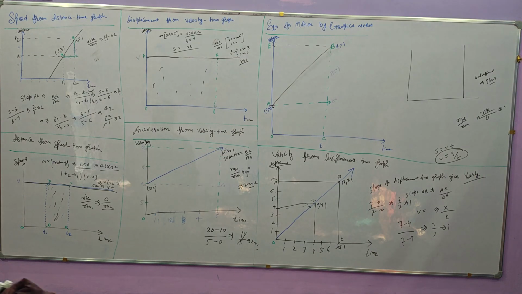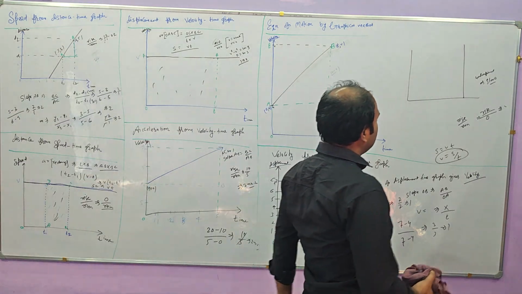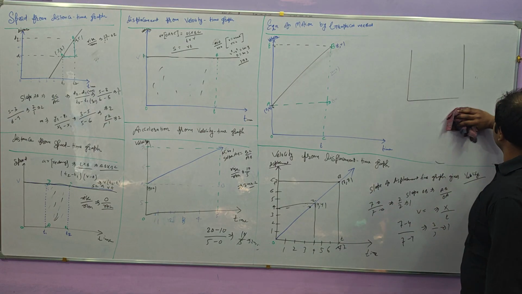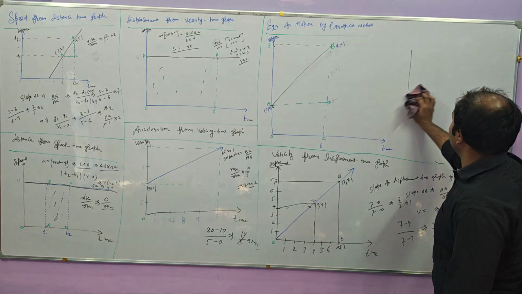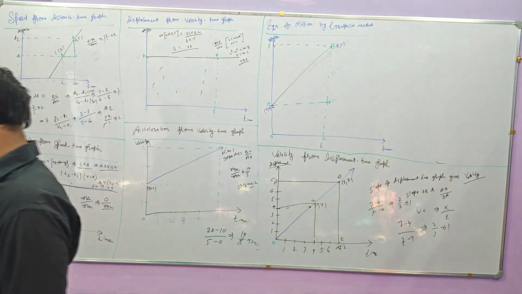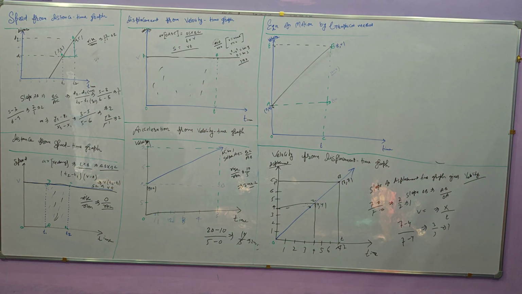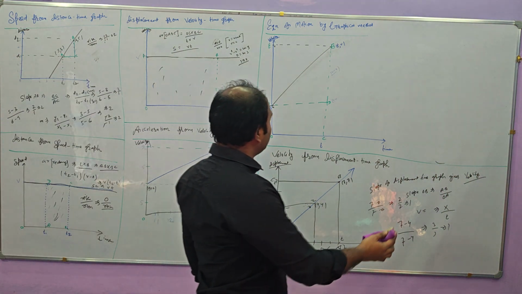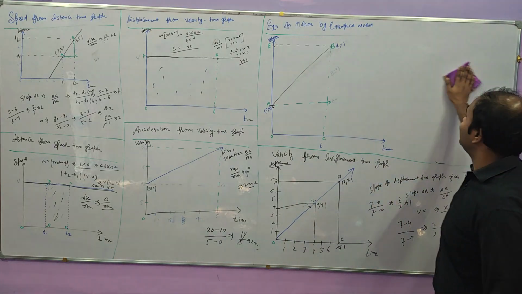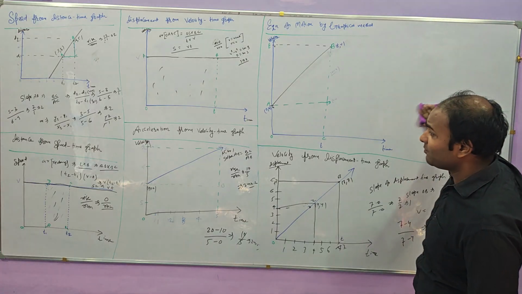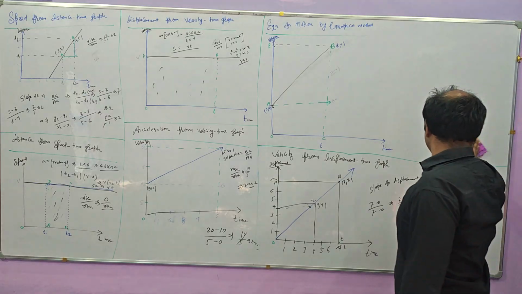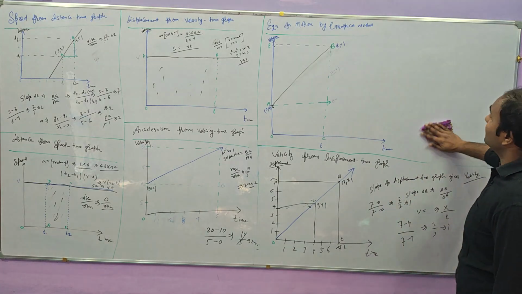V is equal to U plus AT, S is equal to UT plus half AT square, and V square minus U square is equal to 2AS. And we know speed from the distance time graph, distance from the speed time graph, displacement from the velocity time graph, velocity from the displacement time graph, and acceleration from the velocity time graph.